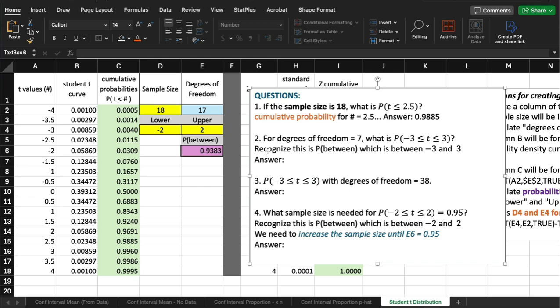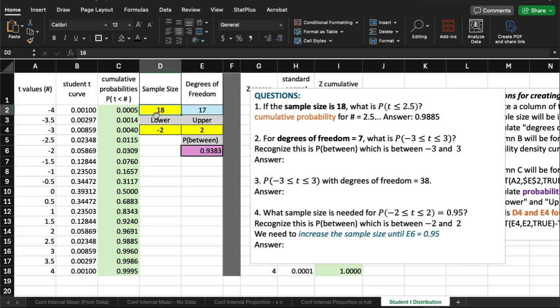Question 2, for degrees of freedom equals 7. So now we have degrees of freedom is specified, and that's one less than the sample size. So we're going to go over here and we're going to correct the sample size to be 8 because that's one more than the degrees of freedom, which is 7.